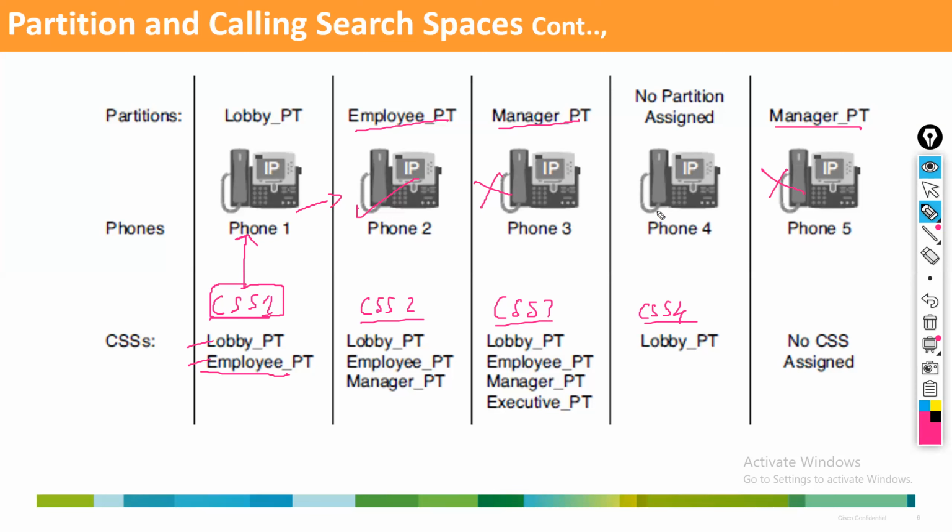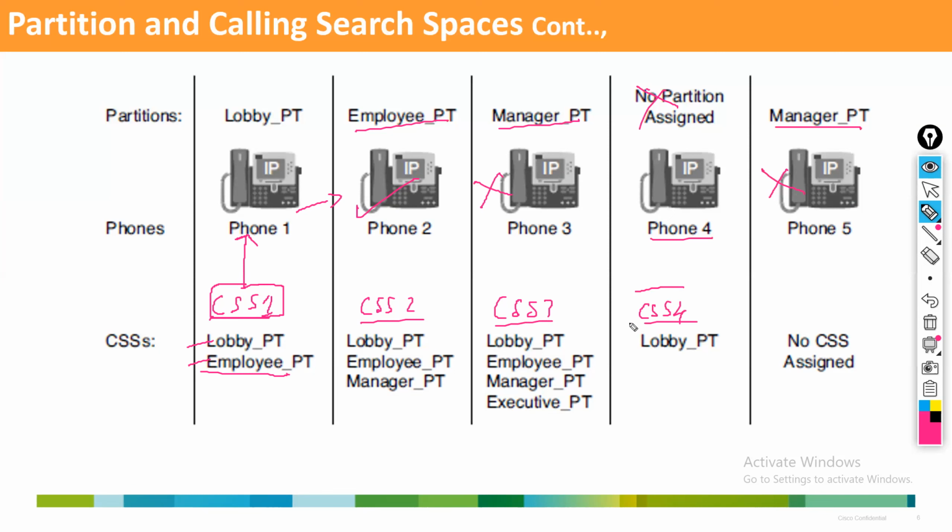Now, can I dial to phone 4? Phone 4, I don't have any partition here. Can you see this? That's the default. I have not assigned any partition. Now I want to dial from phone 1 to phone 4. There is no partition, but it is having a CSS.